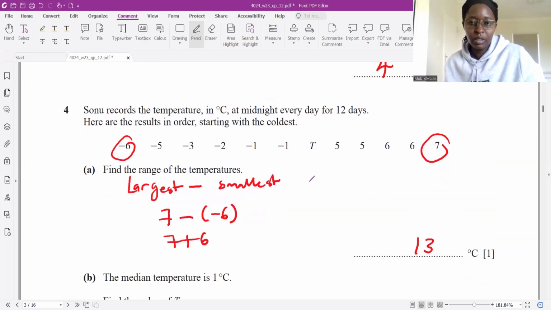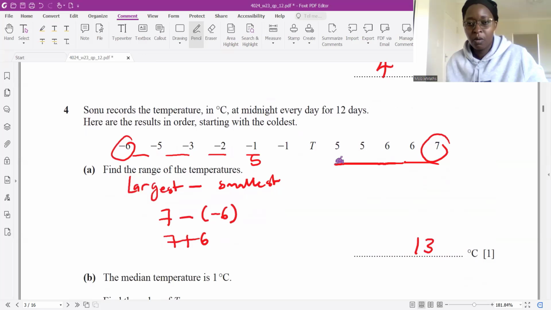If we look at the temperatures here, I've got 2, 3, 4, 5 from there, and 2, 3, 4, 5 here, and 1, 2, 3, 4, 5. So it means my median is here, between these two values.